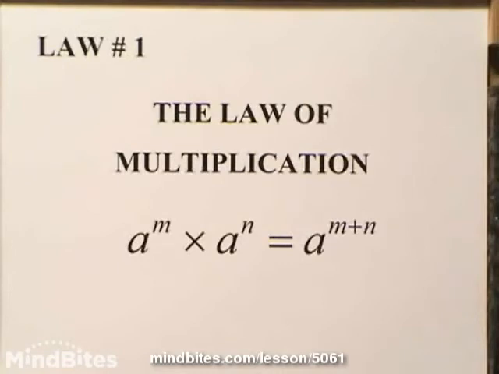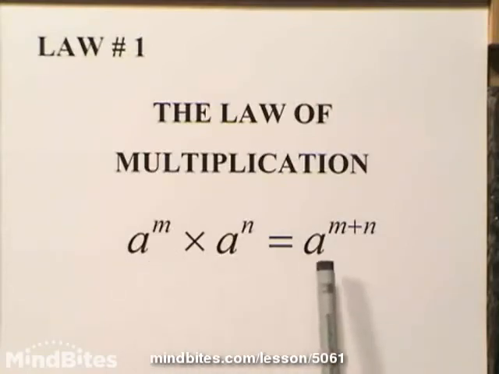The first law that we're going to work with is called the law of multiplication. Now this is extremely important. First of all, you have to be multiplying. Secondly, you have to have the same base. You cannot do this if you don't have the same base.